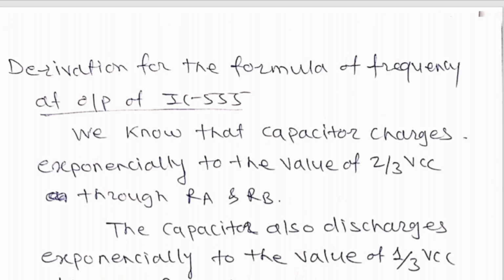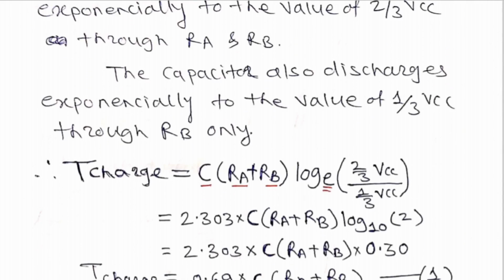Secondly, we also know that the said capacitor, which is externally connected, gets discharged exponentially. So the charging as well as discharging of the capacitor is exponential. As I told you, this exponential nature is because our capacitor C charges with the help of a current which is not constant.